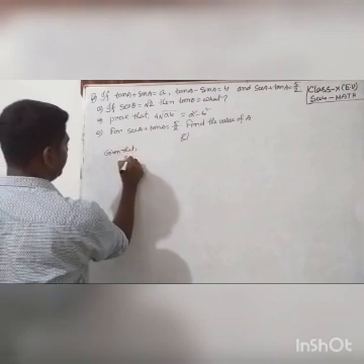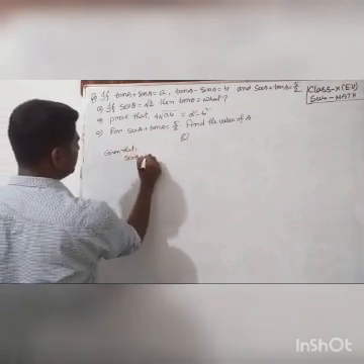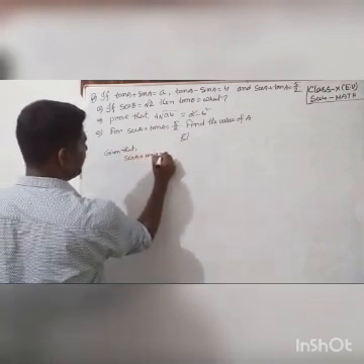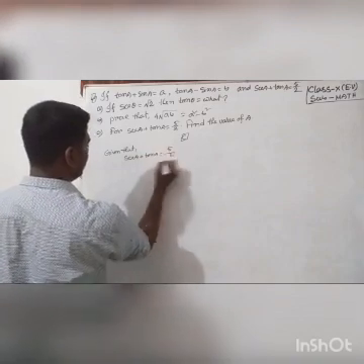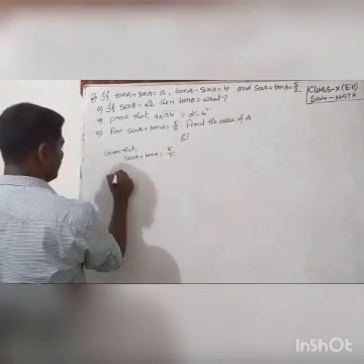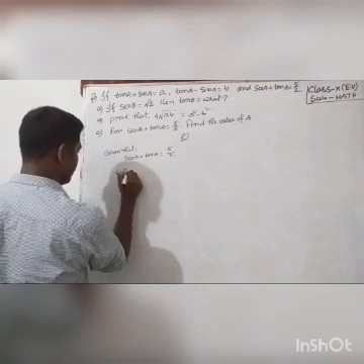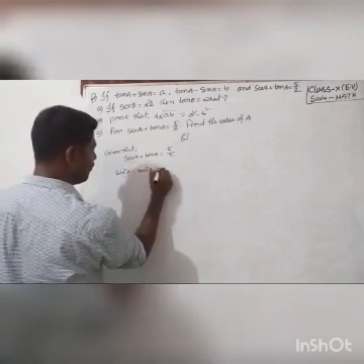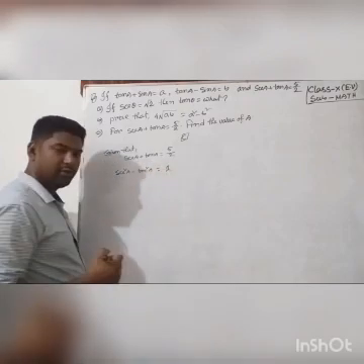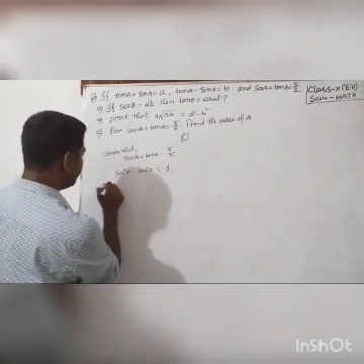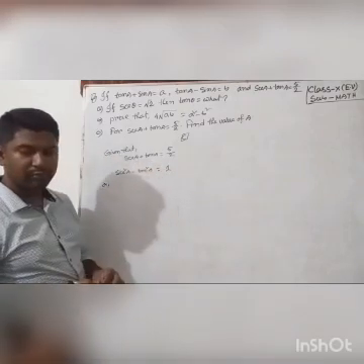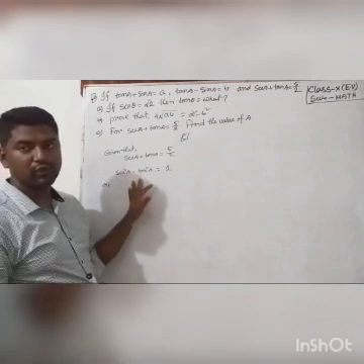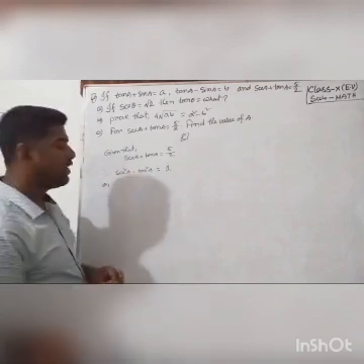Given that sec a plus tan a equal 5 by 2, we know sec square a minus tan square a equal 1. So we can write it in a square minus b square form, a plus b into a minus b.